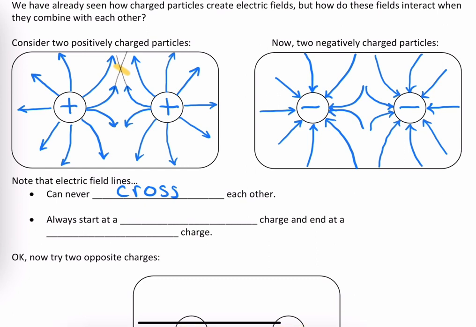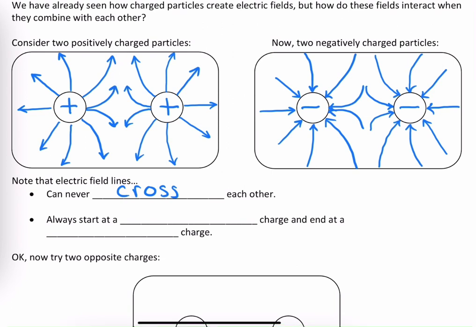It would feel a force this way, and it would feel a force that way. And that makes no sense. We can't have a charge feeling two net forces at the same time. An object can only have one net force. Therefore, the electric field can only be going one direction at a time. And that's why electric field lines can never cross.